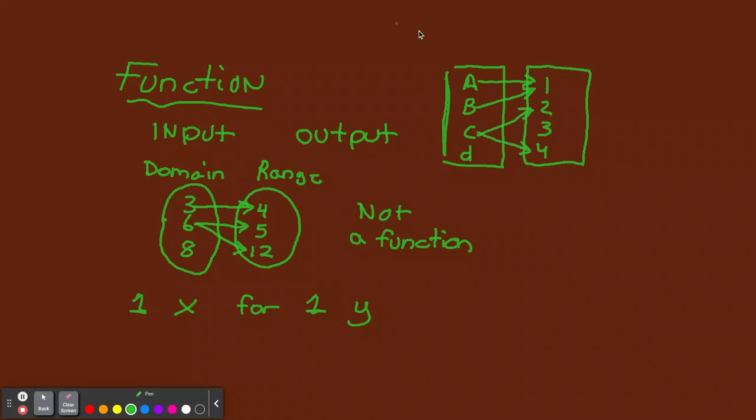Now, again, this is the domain and the range, the x and the y. You can have only one y for one x, but the y could have multiple x's. So A with 1 and B with 1 is fine. But you see the C over here, it has a 2 and a 4. It can't have two y's, so not a function.